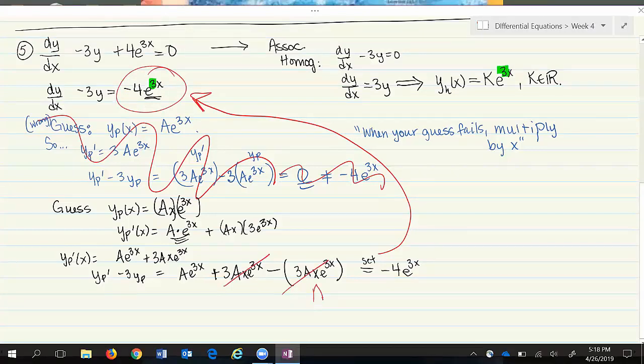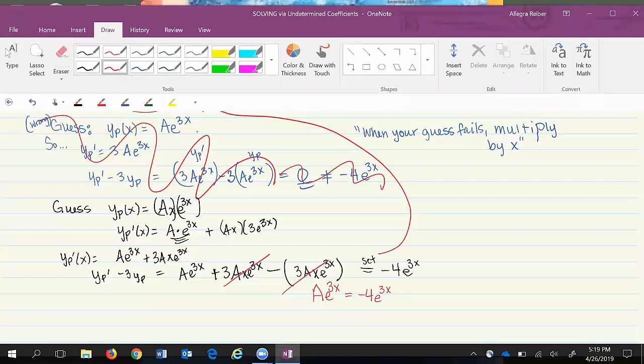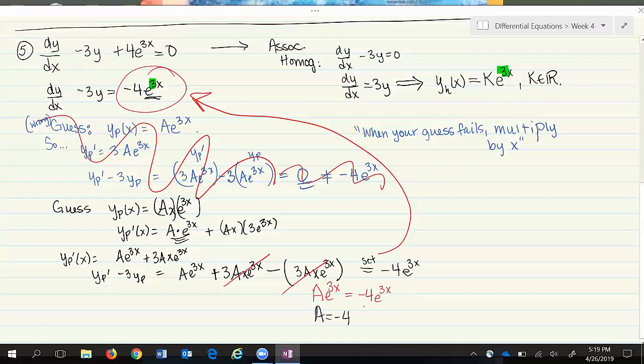So what we're left with on the left is a e^(3x), and we're setting that equal to -4e^(3x). And so we conclude that a must be -4. And therefore, our yp is -4x e^(3x).